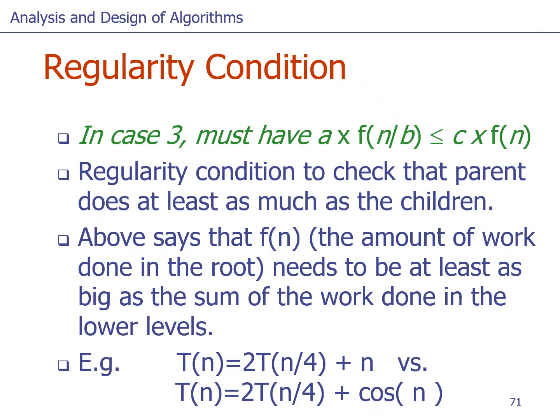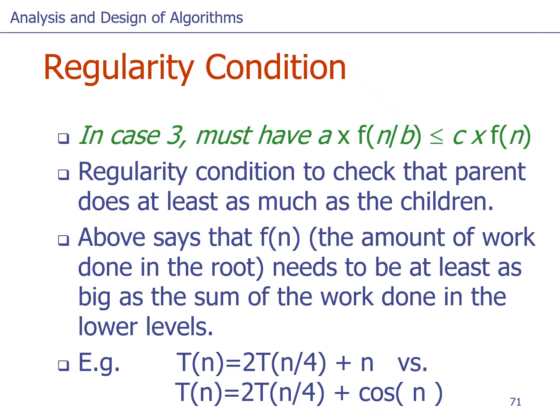So every time I go from one level to the next, I'm doing less work because I'm dividing by 4. So if I start with n equal to 100, next level n is going to be 25. Next level I'm going to take 1/4 of 25. So I'm always doing less work. And at every level I'm doing some n effort, but that will not make me exceed my parent's.